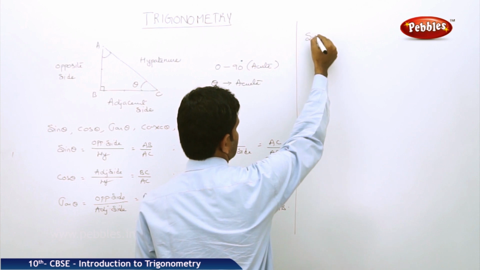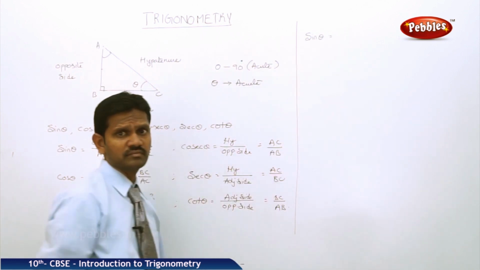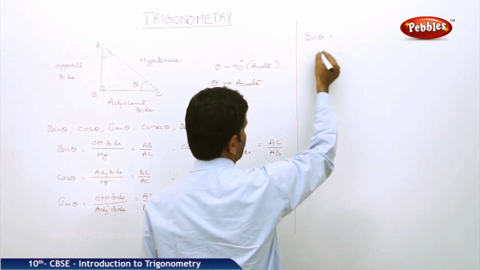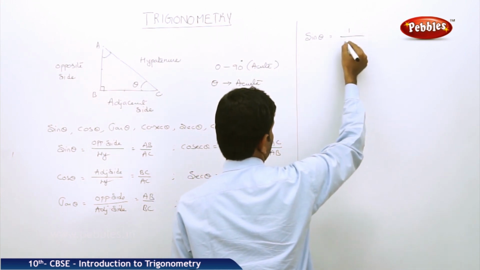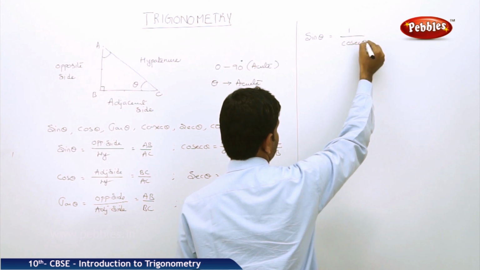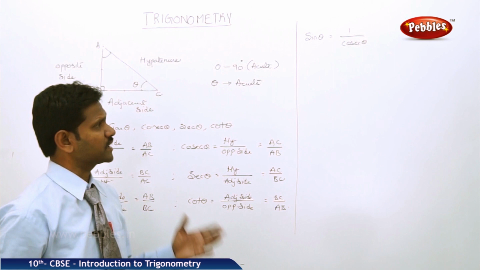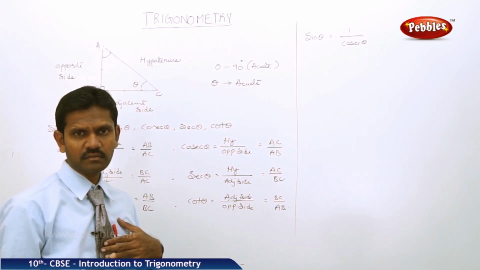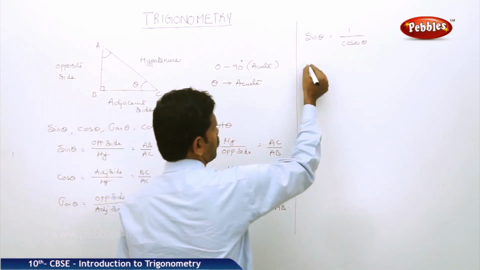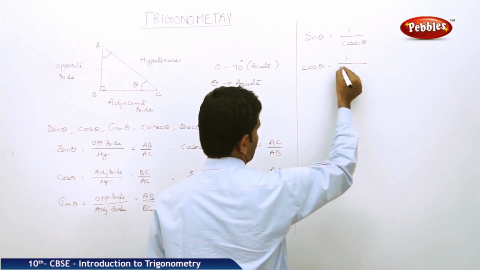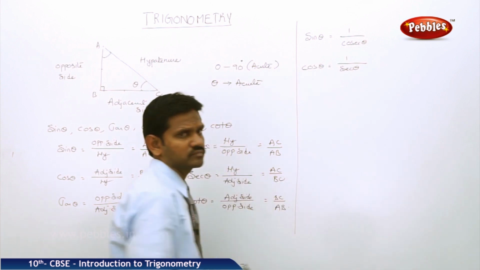The first one is sin theta, which can also be written as 1 by cosec theta. Already we know the reciprocal of sin is cosec. Next, cos theta is equal to 1 by secant theta.